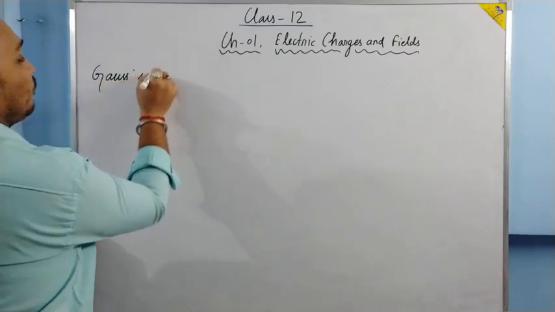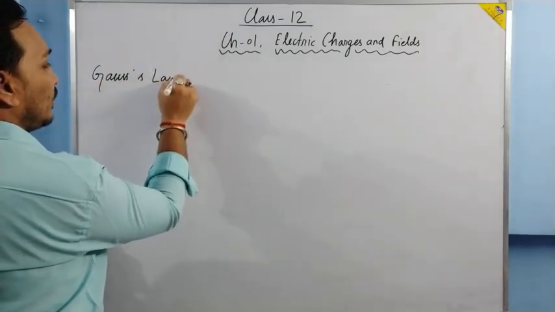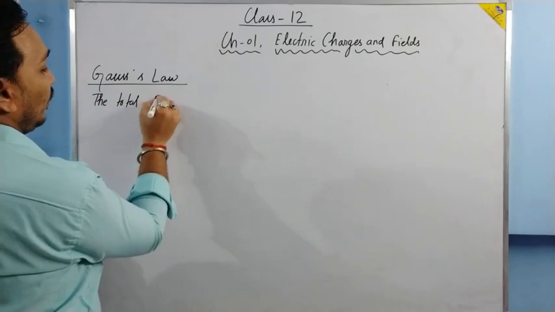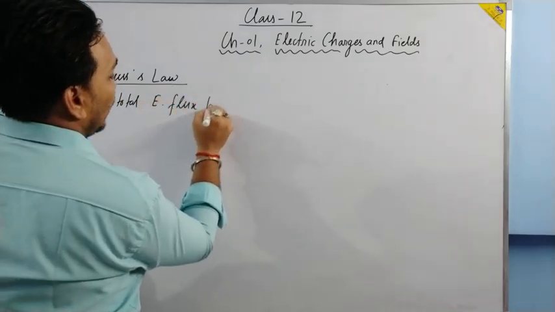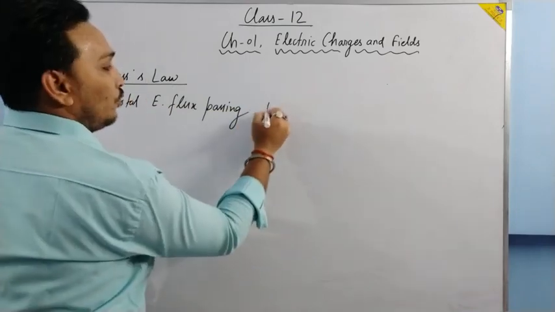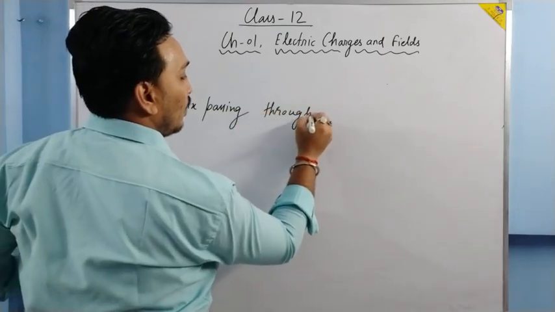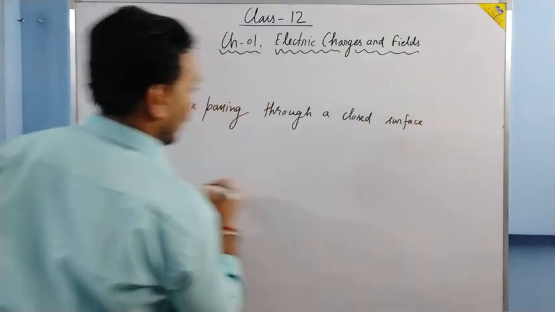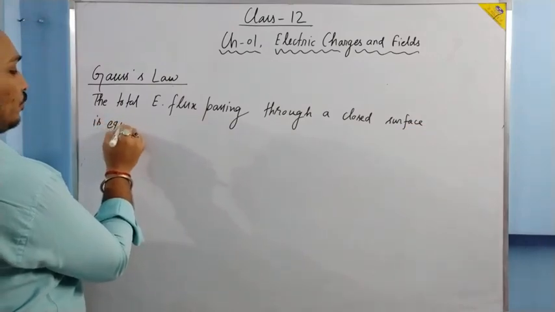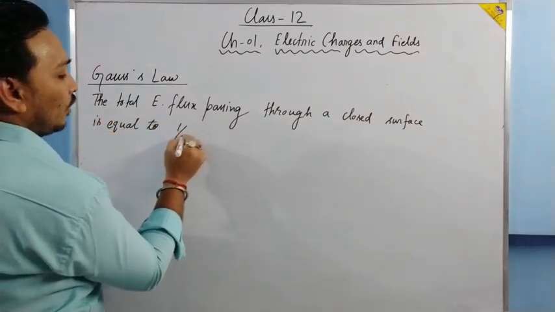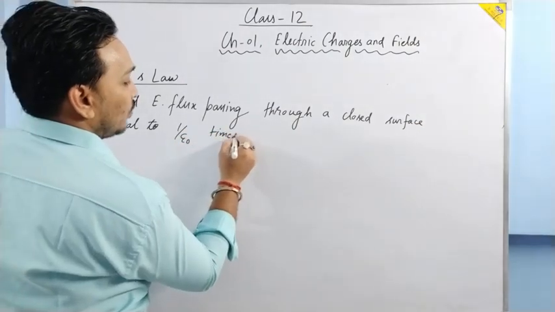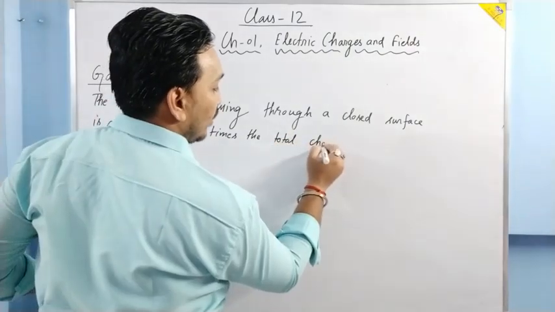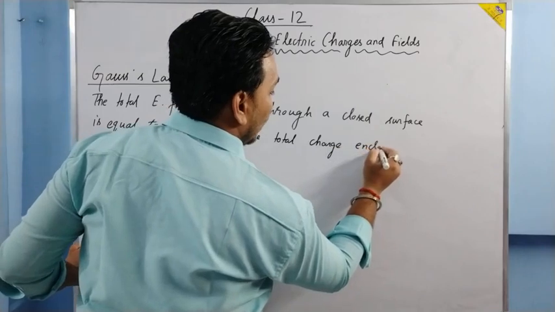Now what was Gauss law? Gauss law says that the total electric flux passing through a closed surface is equal to 1 upon epsilon naught times the total charge enclosed by the surface.